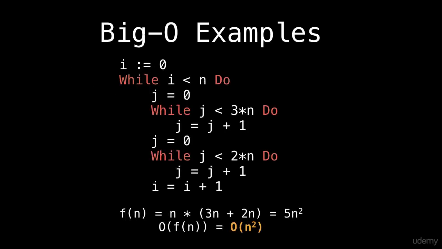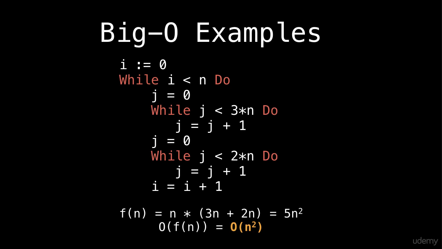Here's a slightly different example worth going over. First, notice that there is an outer loop with a counter i that does n work. Then notice that there are two inner loops, one that does 3n work and another one that does 2n work.